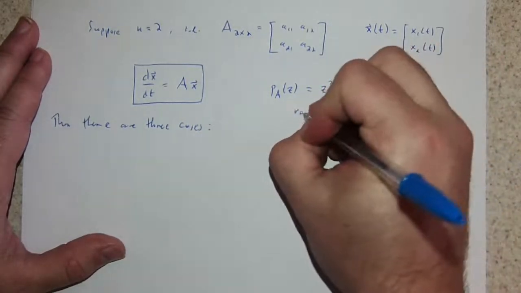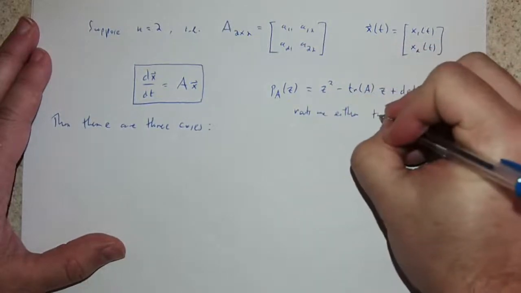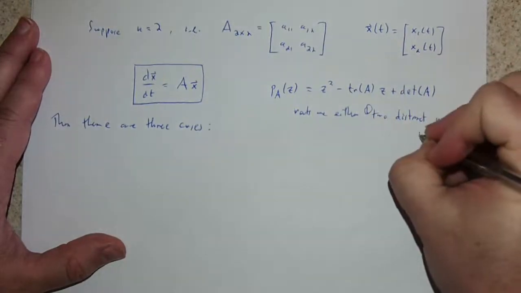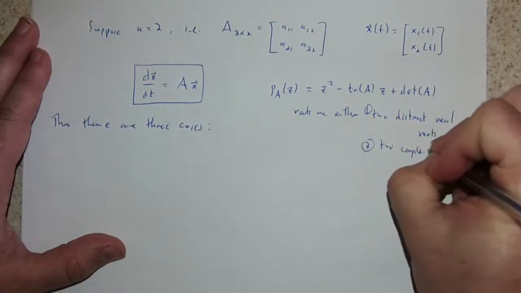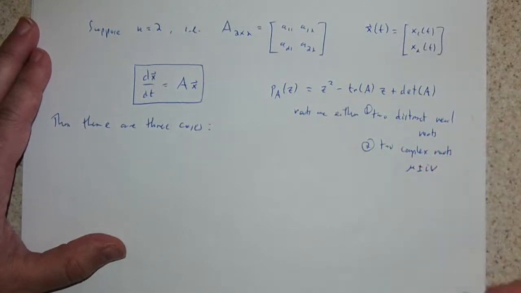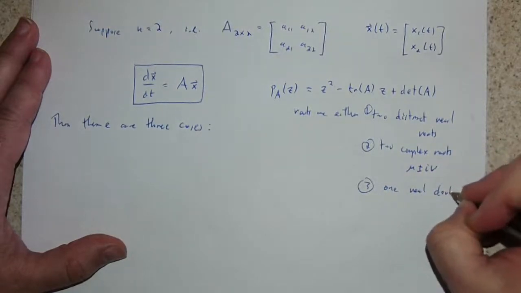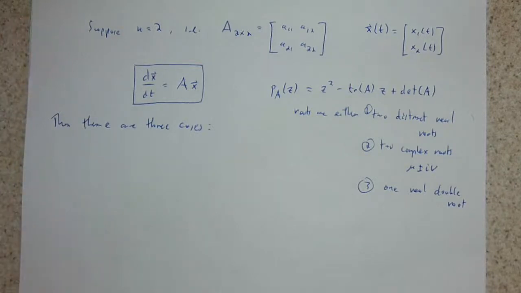So roots are either two distinct real roots, two complex roots that we'll label as mu plus or minus i nu, and lastly, one real double root. Okay, so those are the three possible cases here.